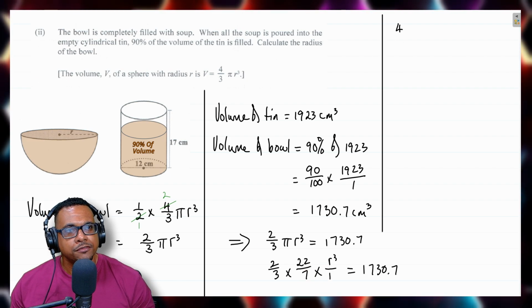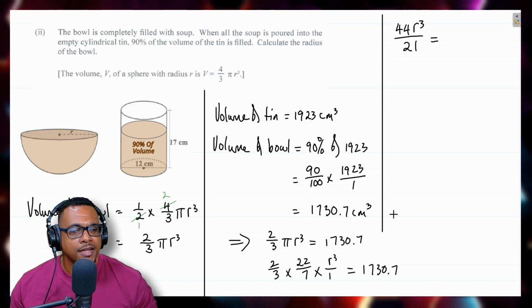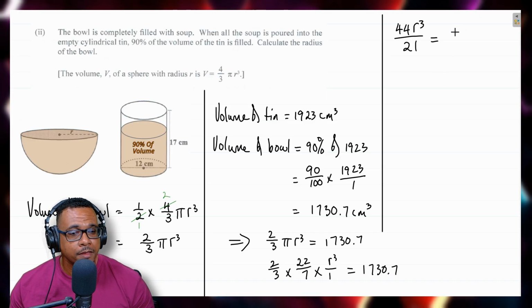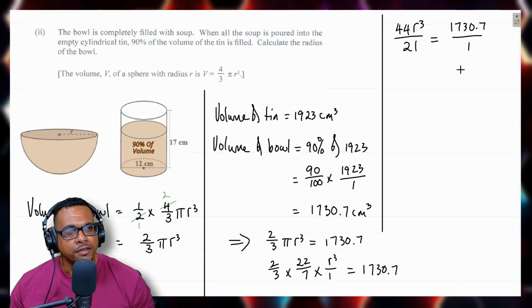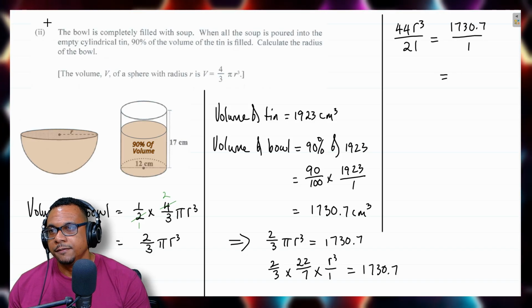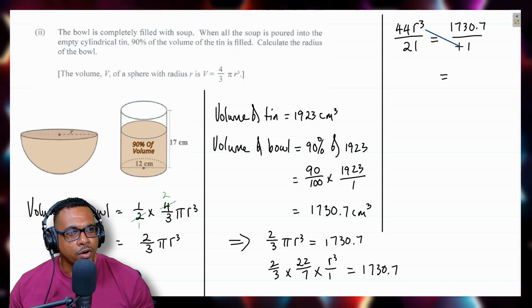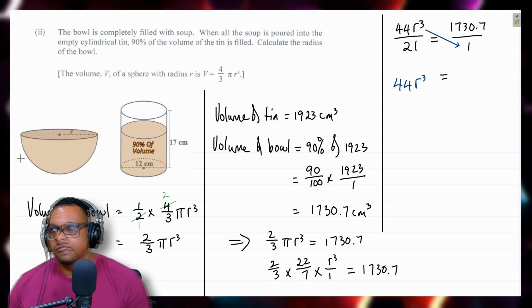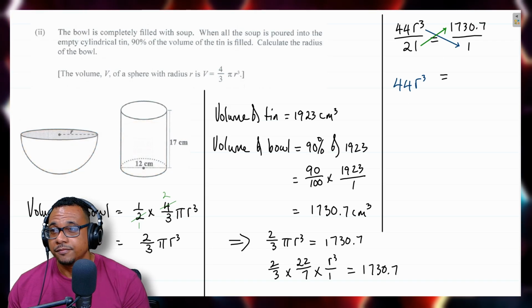So we'll have 44 R cube over 21 is equal to 1,730.7 over 1, so I could cross multiply one time.